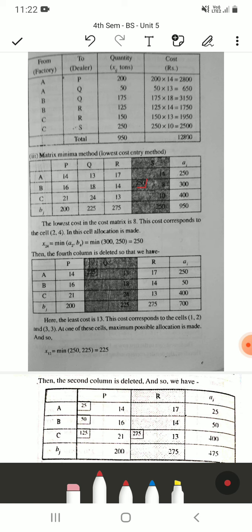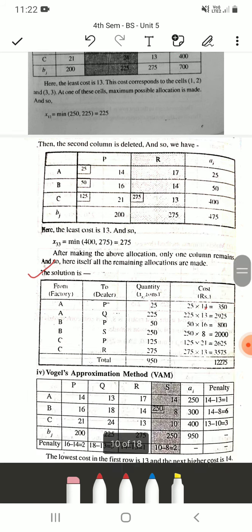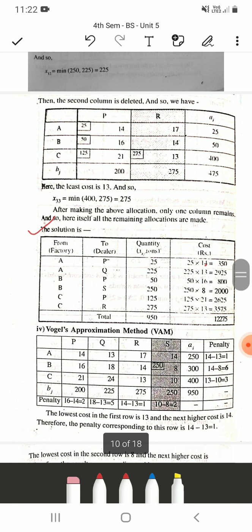Once you make the allocation, delete the complete column or row. So here the column is deleted, and here instead of 300 you have to subtract whatever allocation is made. You have to make the changes in the next table. Again repeat the same steps till the requirement and the capacity is fulfilled. So this is the matrix minima method.